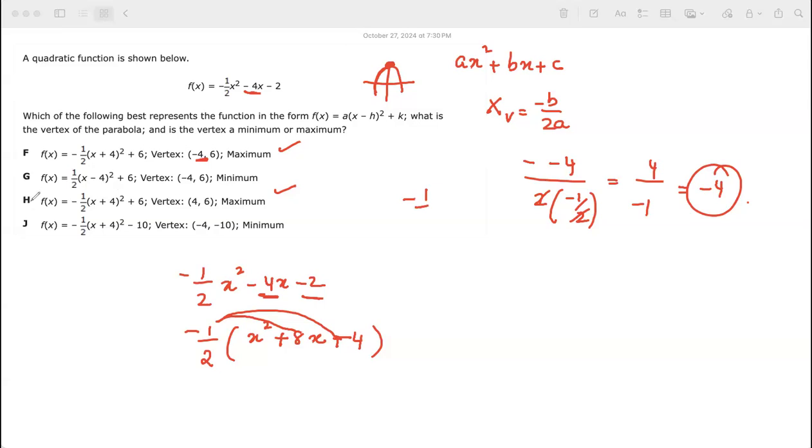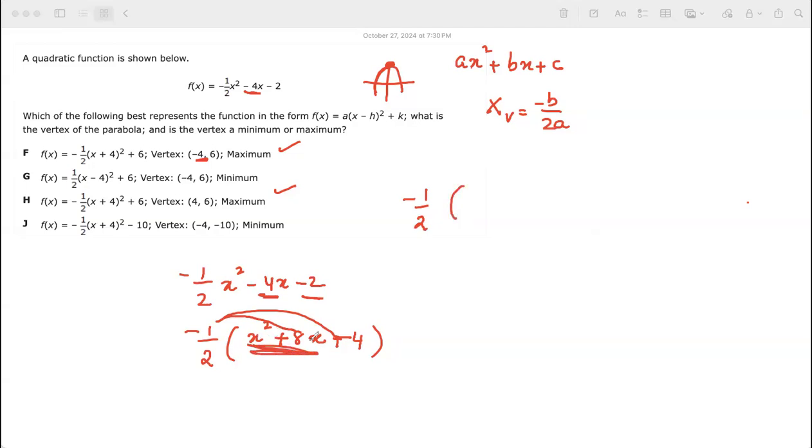It's a little difficult given the problem, but you don't need to do this if you're given FGHJ as options. I want you to know, so I'm doing this on the screen. Here, you group these two because you have to complete squares. There's no other way to convert to vertex form. So x square plus 8x. Here, you find b by 2a the whole square. That is 16.